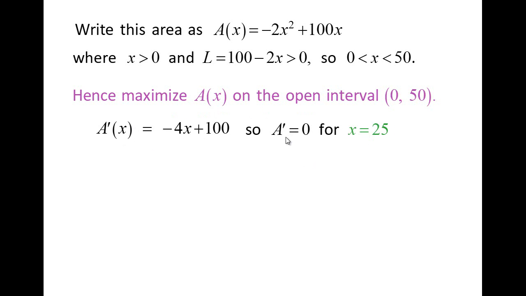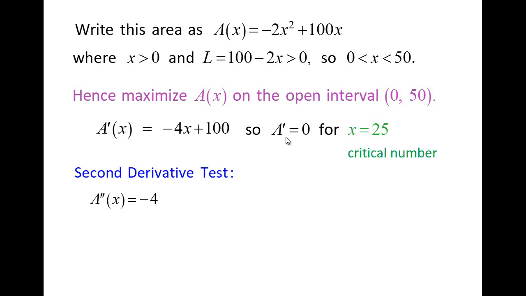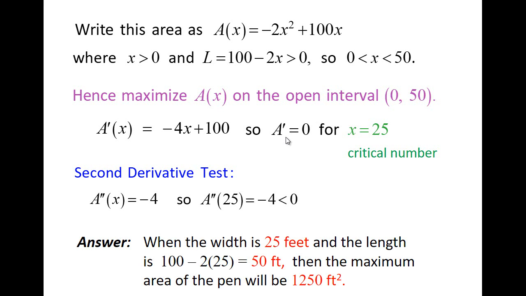So we got only one critical point, and let's look at the second derivative. It is negative 4. So the second derivative evaluated at 25 is also negative 4, which tells me that the area function is concave down at 25, which means it has a local maximum at 25. But since this is the only critical point, that's got to be the absolute maximum.